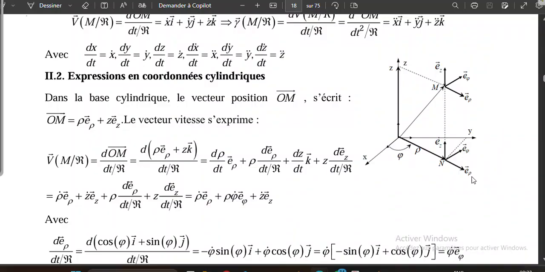E rho is a unit vector, just as x, y, and z had unit vectors: x had a unit vector ex, y had a unit vector ey, and z had a unit vector ez. The unit vectors are there to show us the directions. So even rho, you give it a unit vector, e rho. Then it's always perpendicular.